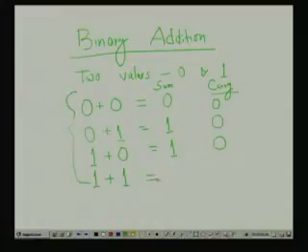So, 1 plus 1, then the sum is 0, carry is 1. If I know these basic additions of binary digits, then I can do any binary addition however large it is, but it is very simple. We see that.